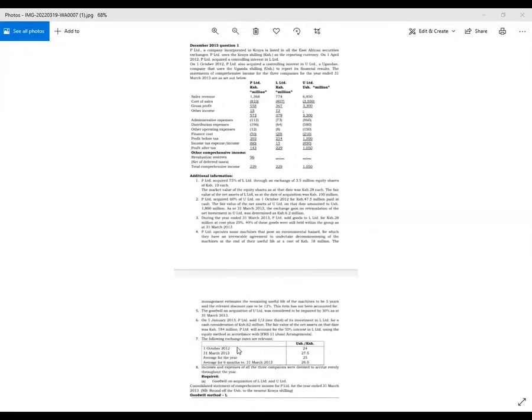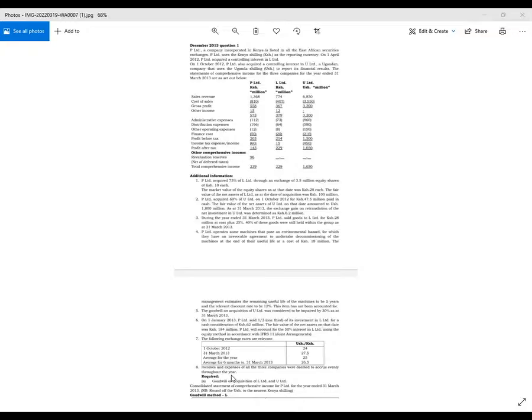The following exchange rates are relevant: 1st October, when we were acquiring the firms, 31st March, the average for the year, and the average for 6 months to 31st March 2013. Income and expenses of all the three companies were deemed to accrue evenly throughout the year.